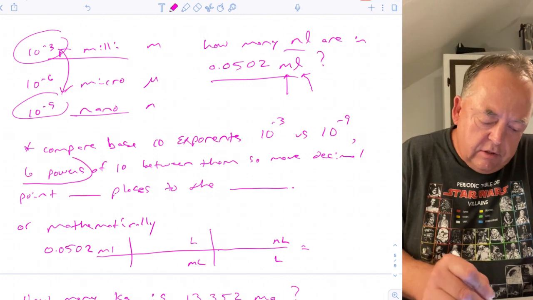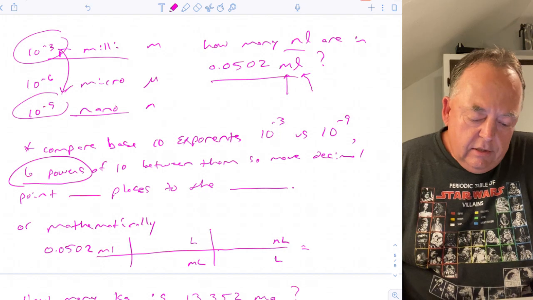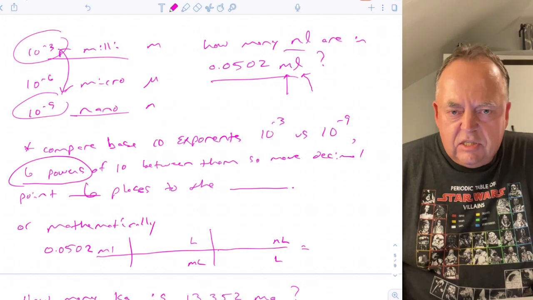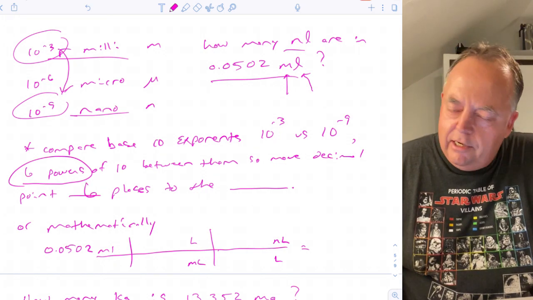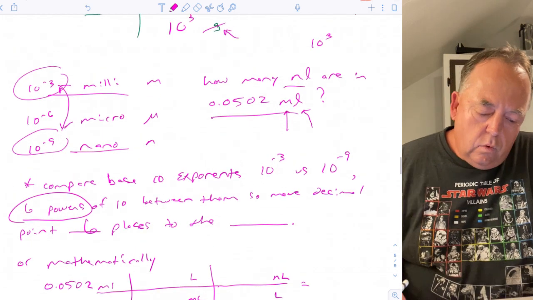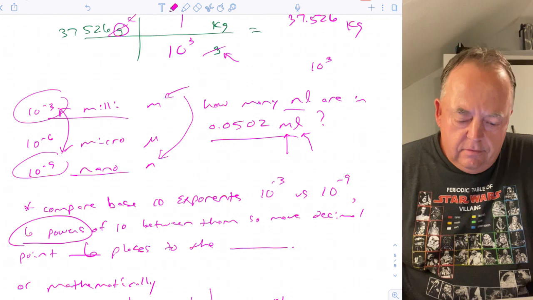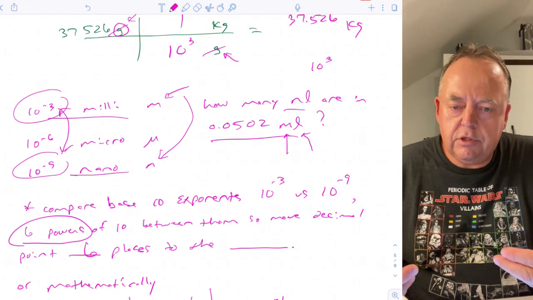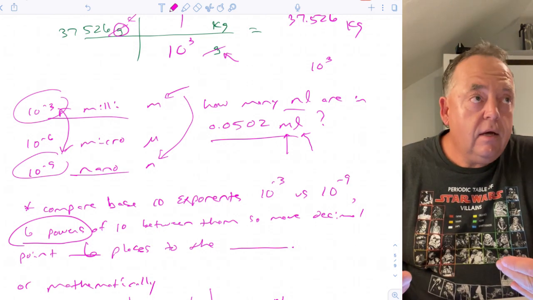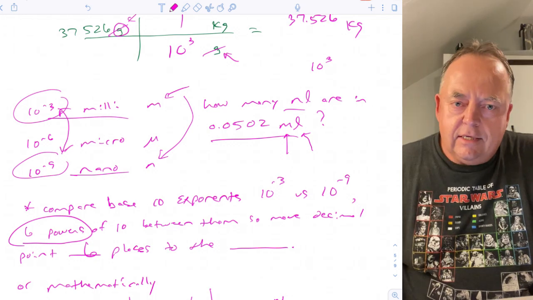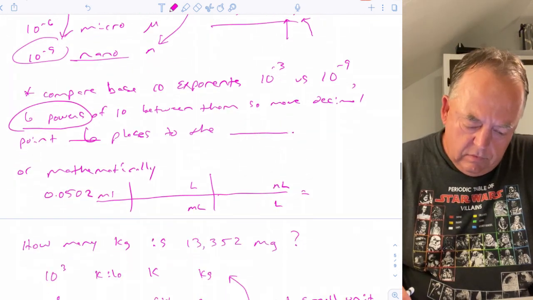There are 6 powers of 10 between the two numbers, so we want to move the decimal point 6 places. Now, which way does the decimal point need to go? Well, we're going from a small unit to an even smaller unit, so the unit's getting smaller, so the decimal point has to move to the right, so the number has to get bigger.